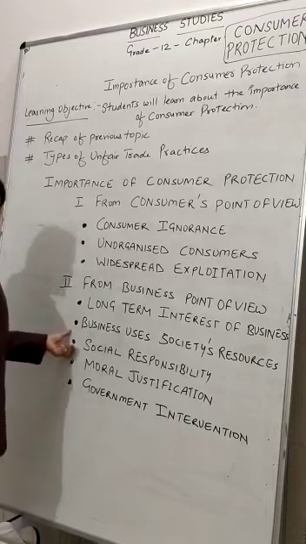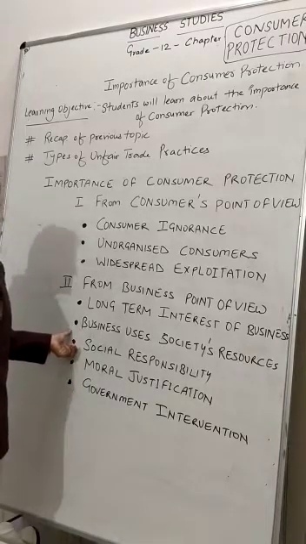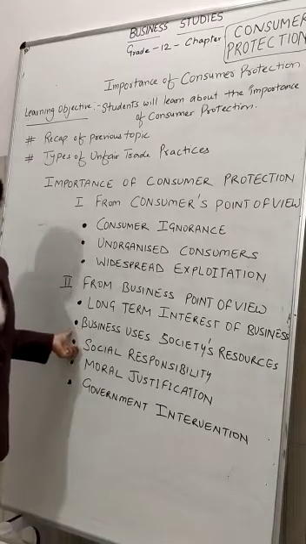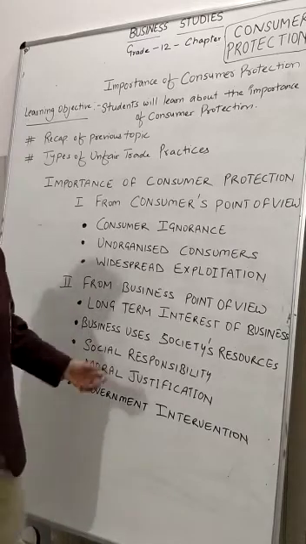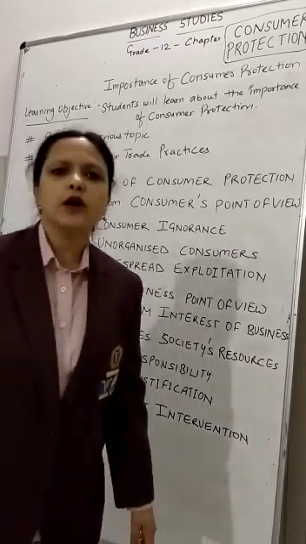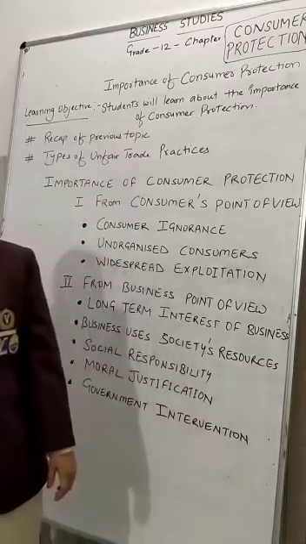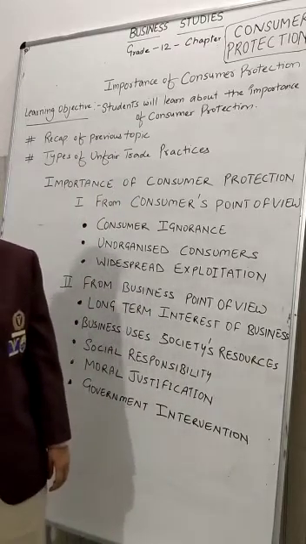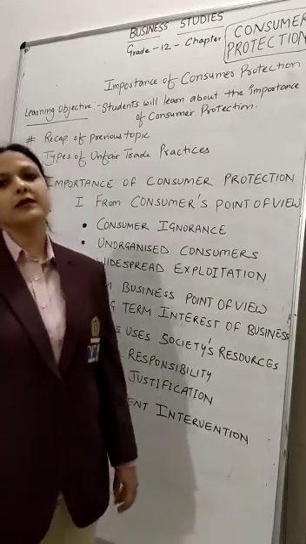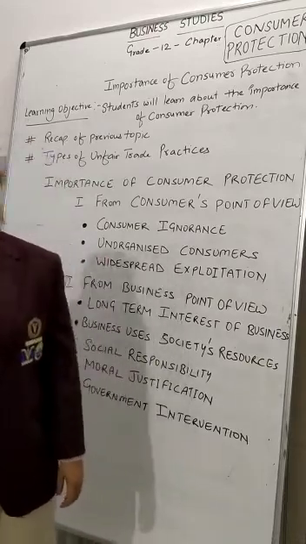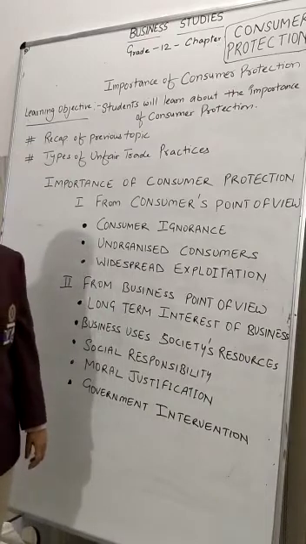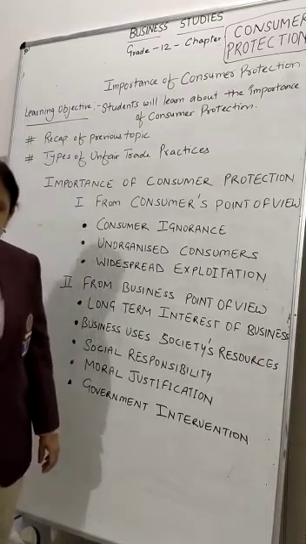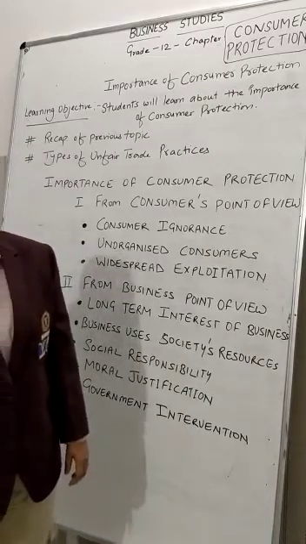Next one, social responsibility. Business is a part of society, and it has to satisfy all the stakeholders involved with the business. For example, shareholders want a good return every year. Employees want fair wages and salaries with a good working environment.